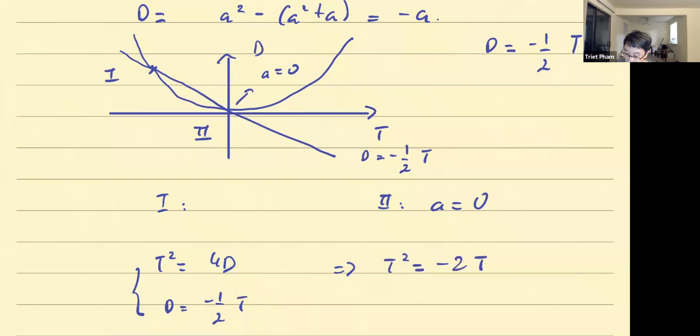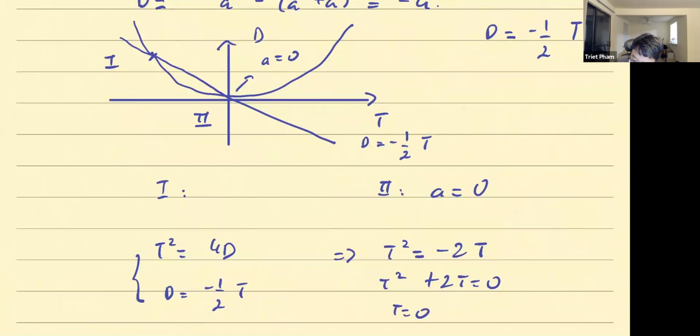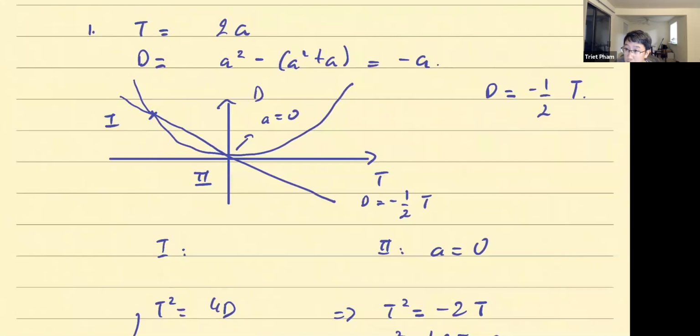So you get t squared plus 2t equals 0, so t equals 0, which is obviously this point, or t equals minus 2, which is obviously this point. And if t is equal to minus 2, then what's a? Minus 1.